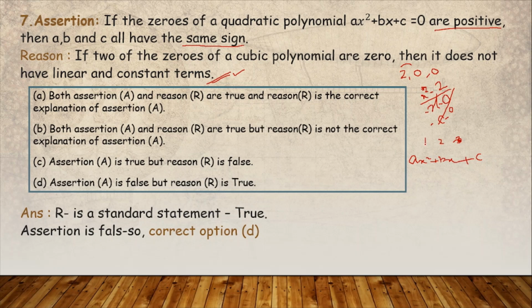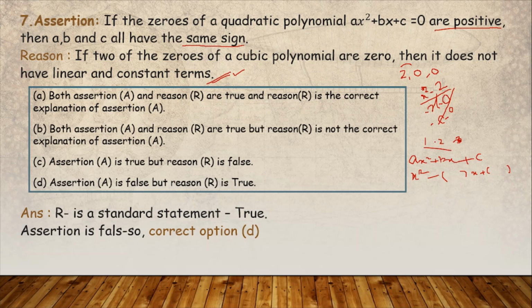Both zeros are positive. So, how do you write the quadratic equation? x square minus sum of zeros into x plus product of zeros. Now, for example, I have taken the zeros 1 and 2. Both are positive.